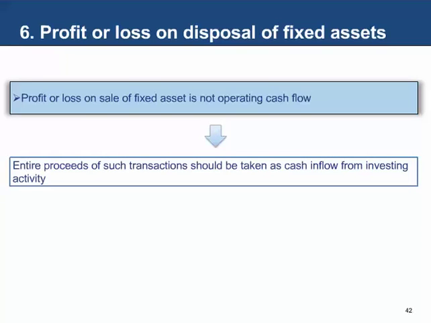So the entire proceeds of such transaction are taken as cash inflow from investing activity. Any profit or loss adjustment should be done in the indirect method by starting with profit before tax and then adjusting them for profit or loss on fixed assets, and the entire proceeds from sale of fixed assets should be classified as investing cash inflow.